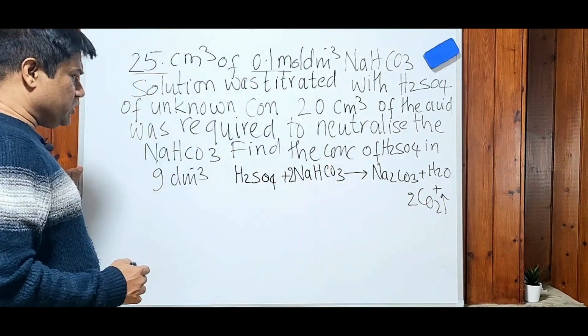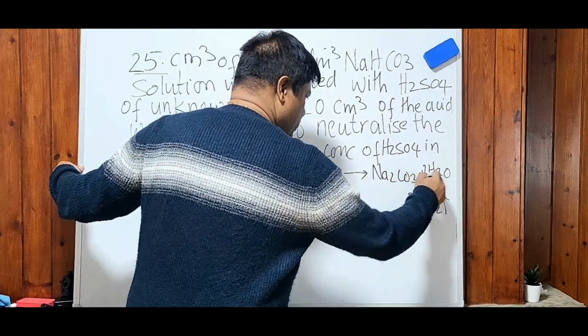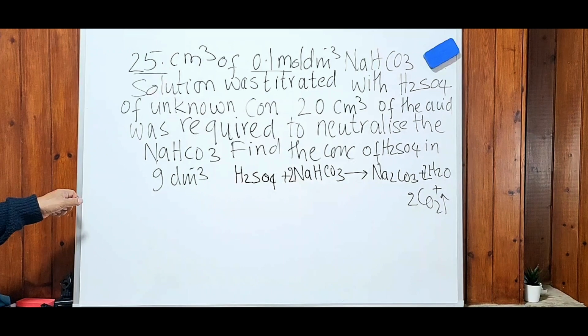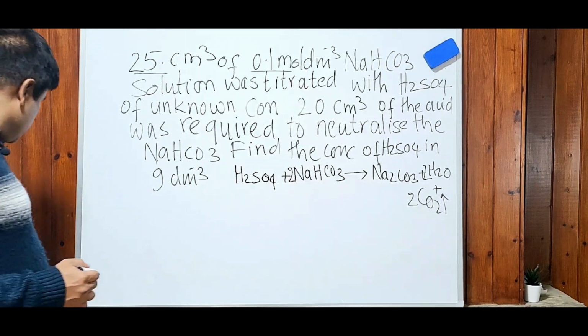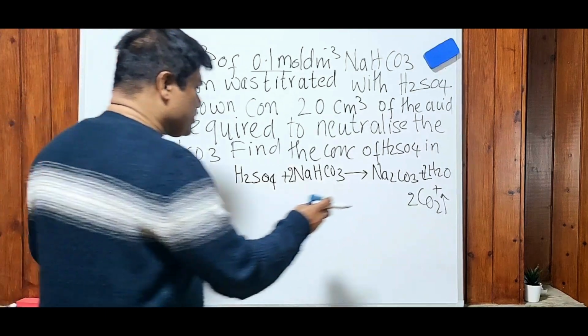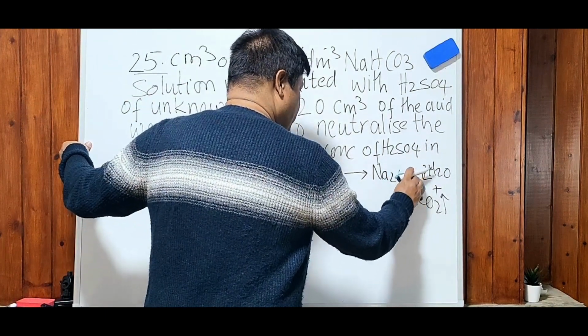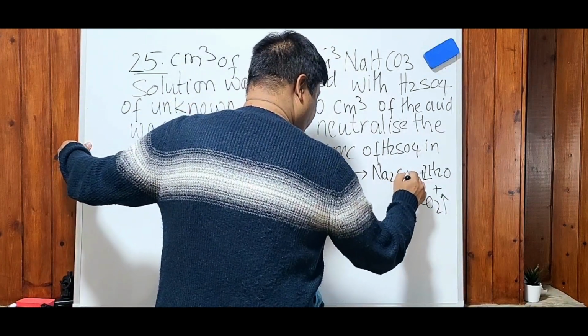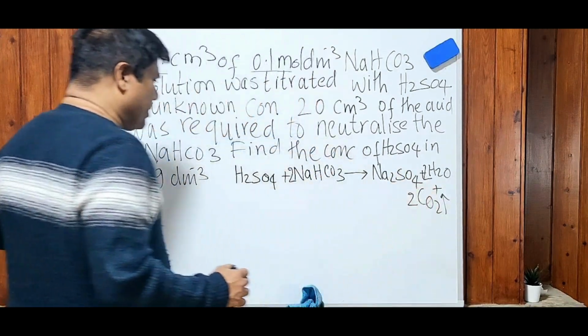How many water molecules? 2 water molecules. Check that the equation is balanced or not. Sodium. Why the sodium carbonate? We will get sodium sulfate, Na2SO4. Now everything is balanced.